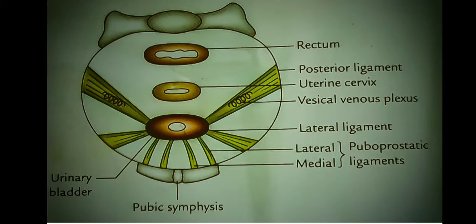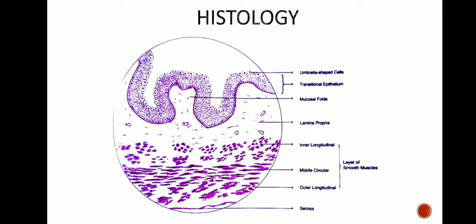Now moving on to the microscopic structure or the histology of the urinary bladder, where for simplicity we can classify this bladder wall into a mucous membrane, a muscular coat and the adventitia, where this mucous membrane has the urothelium or the transitional epithelium, as you could see in the histological diagram.